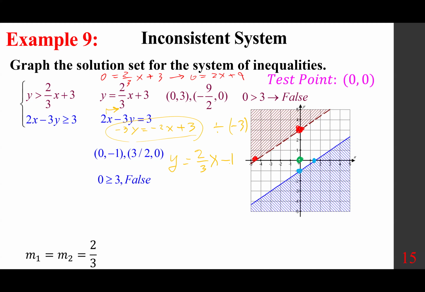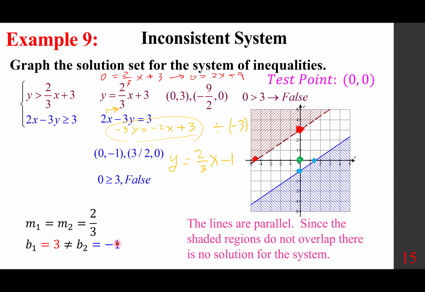So they have equal slopes, 2/3, different y-intercepts. The y-intercept for this one is +3, for this one is -1. So the lines are parallel. Since the shaded regions do not overlap, there is no solution for the system.